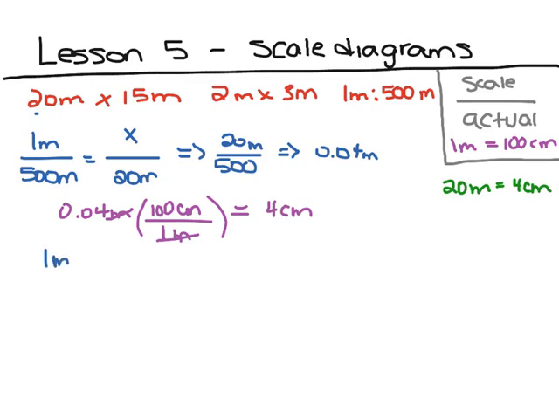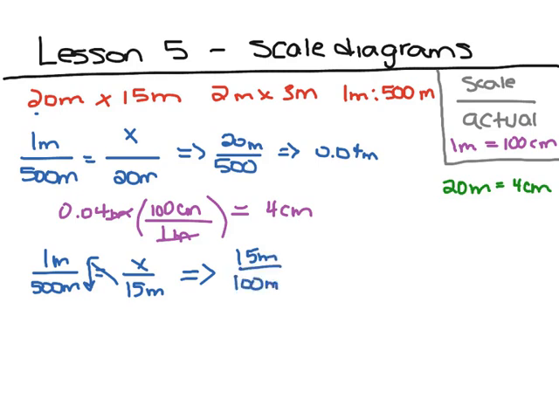So 1 meter over 500 meters is equal to x over 15 meters. Cross multiply, divide down, so 15 meters divided by 500 meters, sorry. And you should get 0.03.